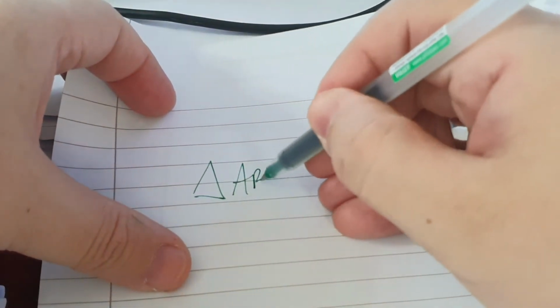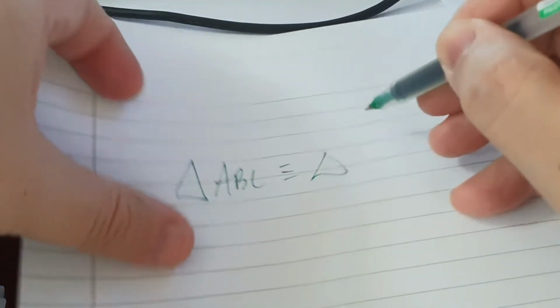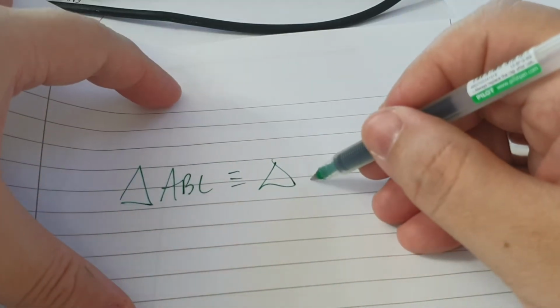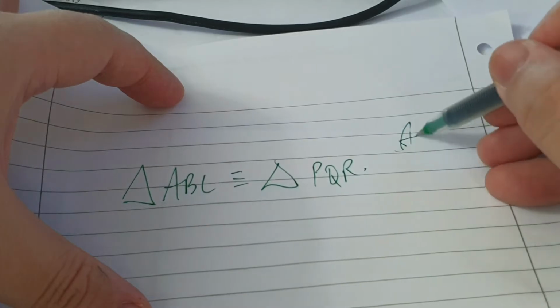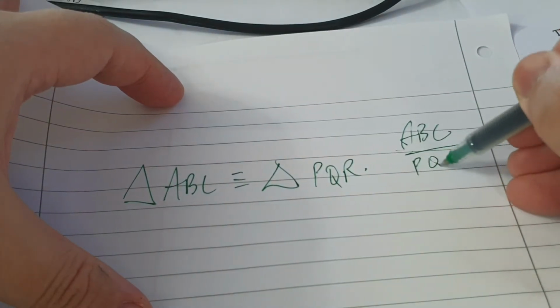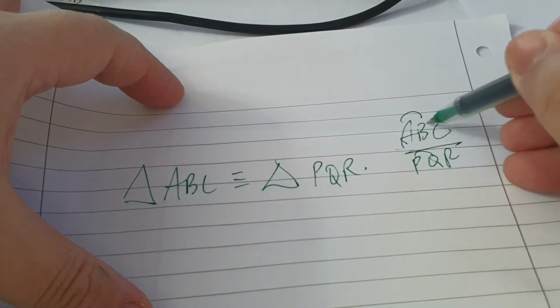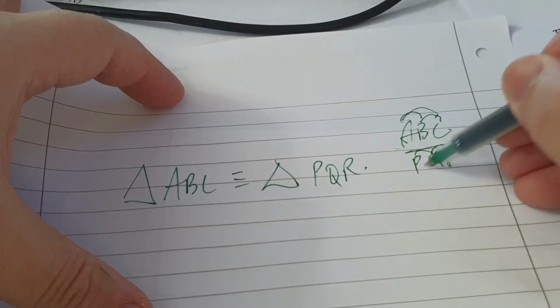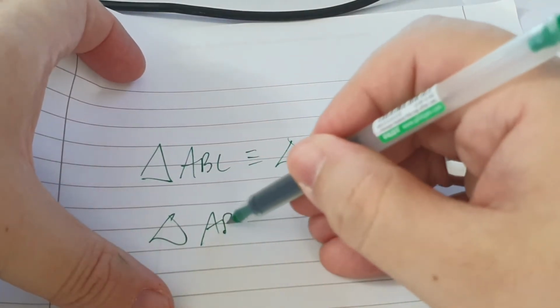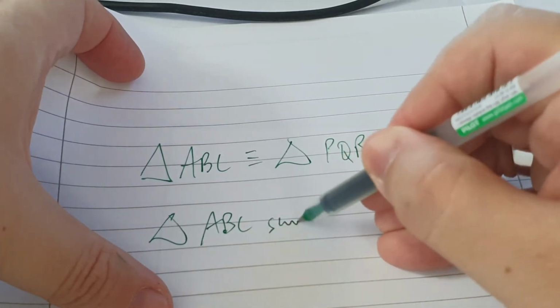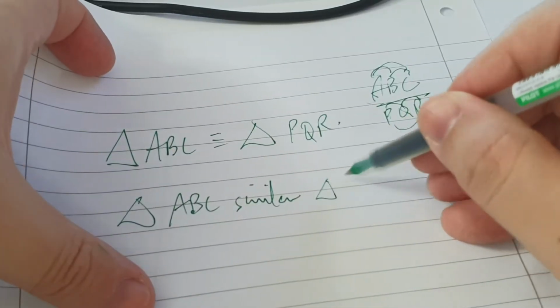All right. Then the other thing you need to take note of, we've done this before. Let's say triangle ABC is congruent to triangle PQR. Then it's good to write it like that. So AB equals PR, BC equals this, AC equals this line. More useful is in similar triangles.